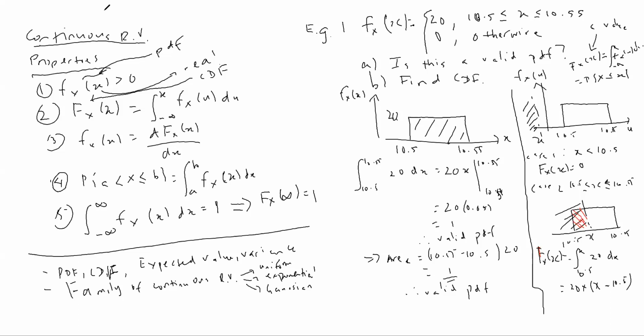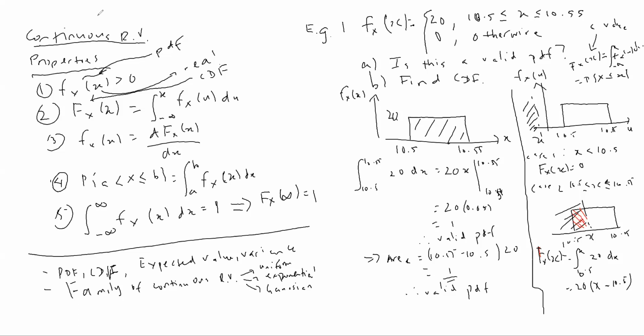So if X is between 10.5 and 10.55, my CDF is going to be 20 times X minus 10.5, because that's the area.